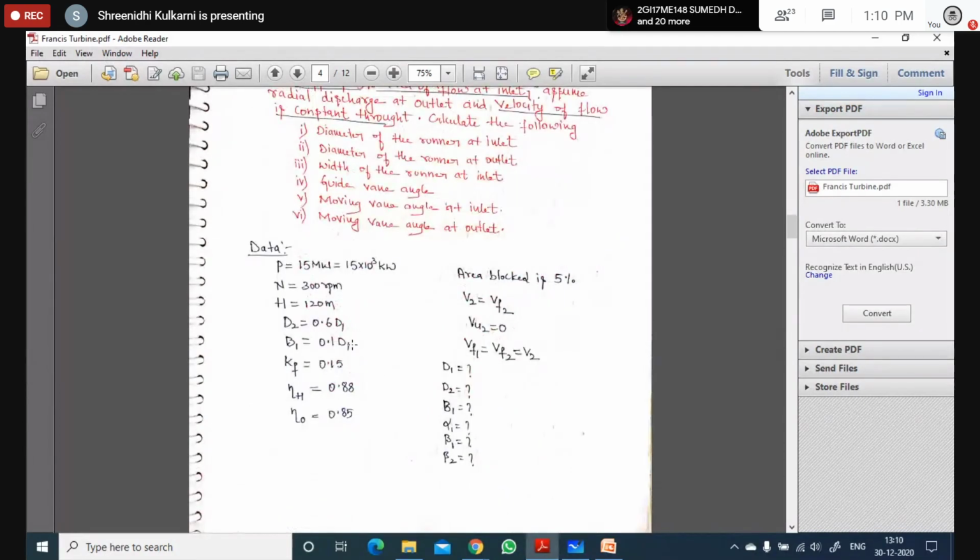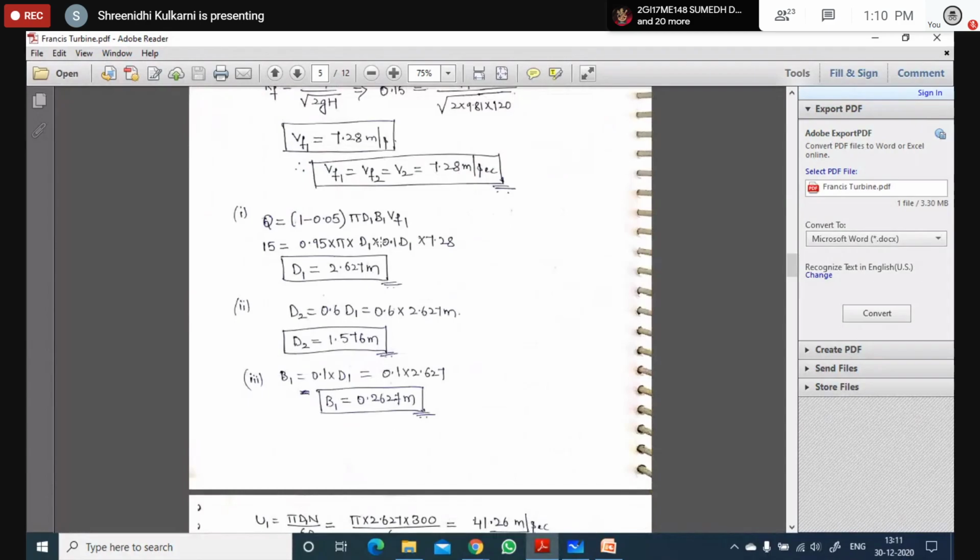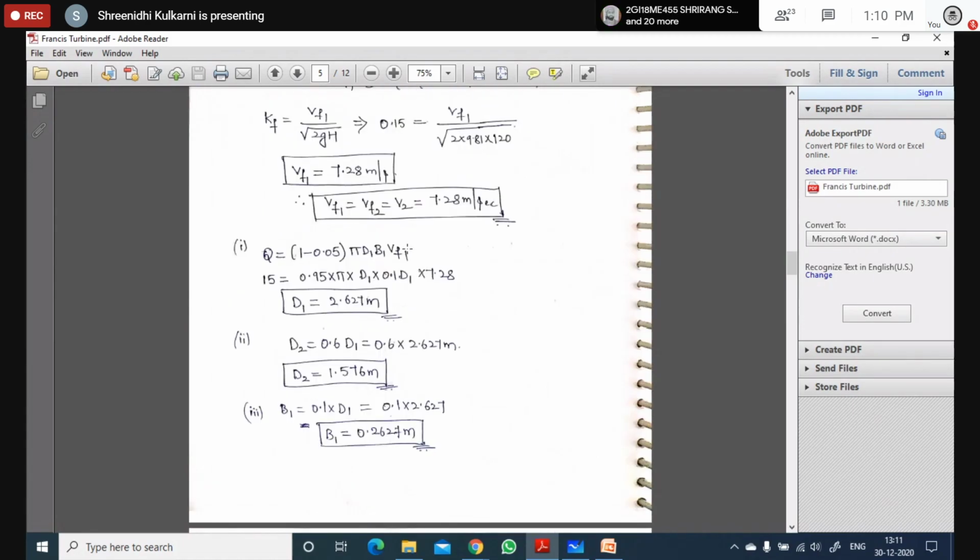So b1 is equals to 0.1 d1. We substitute b1 is 0.1 d1 into vf1 7.28. By substituting all this, you'll get the diameter, that is the outer diameter.